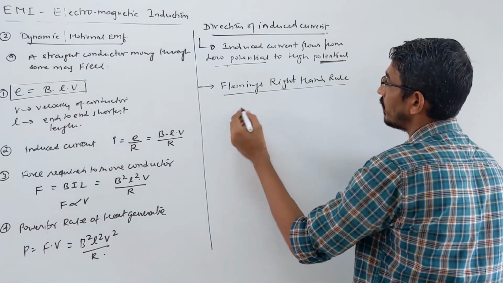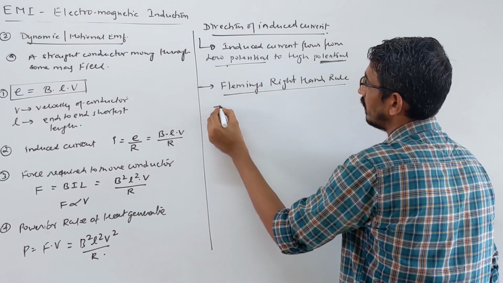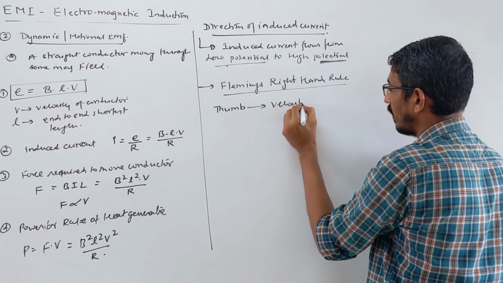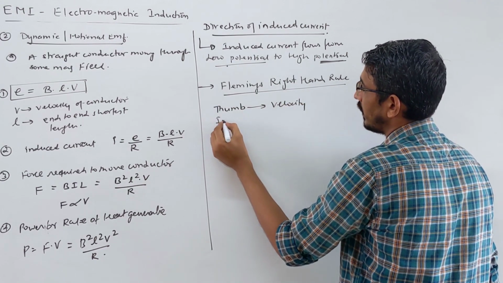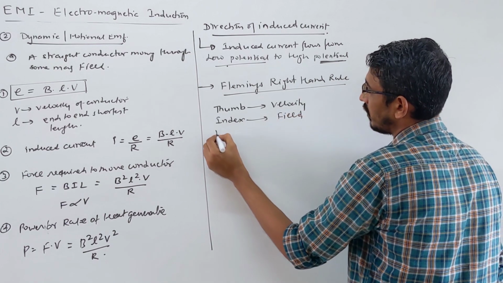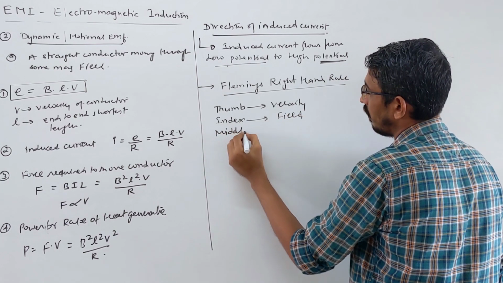Okay, so I'm writing here, your right hand thumb shows what? Your velocity. Your index finger shows direction of the magnetic field. Then your middle finger will show what?